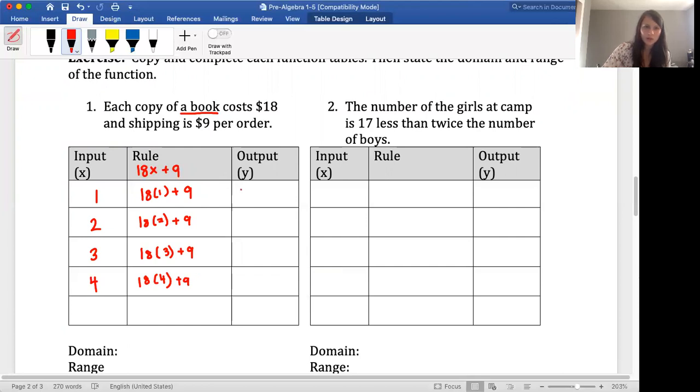18 times 1 plus 9 is 27. 18 times 2 plus 9 is 45. 18 times 3 plus 9 is 63. And 18 times 4 plus 9 is 81. So those are your answers.